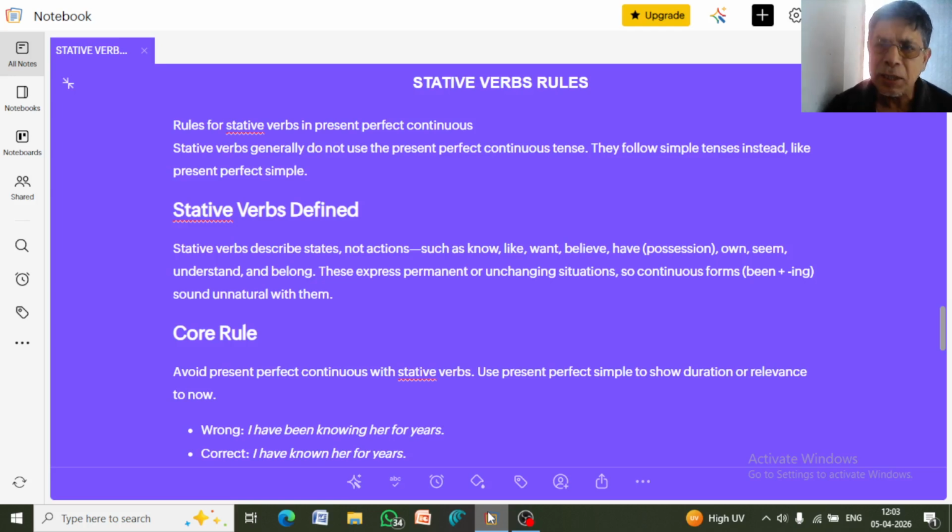Therefore, they are called stative verbs. And these stative verbs are not used in many continuous tenses. Of course, there are some exceptions we will discuss here. These stative verbs express permanent or unchanging situations. So, continuous forms, that is been plus ing, sound unnatural with them.